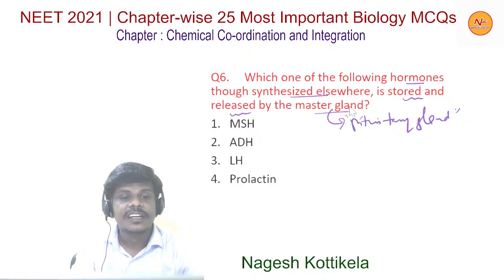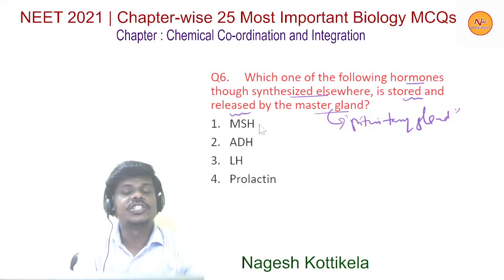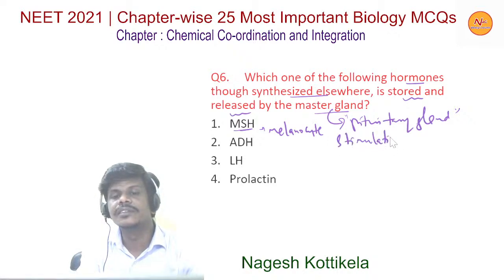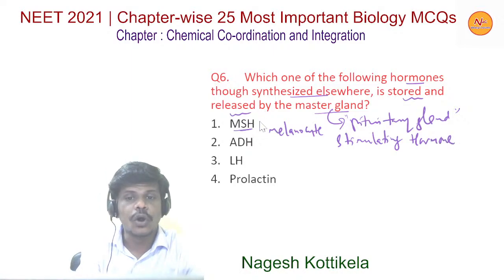And here the first option, MSH, melanocyte stimulating hormone. MSH is nothing but melanocyte stimulating hormone. Okay, so this is wrong.